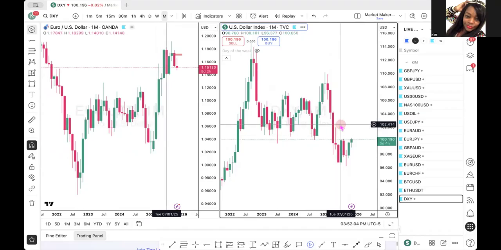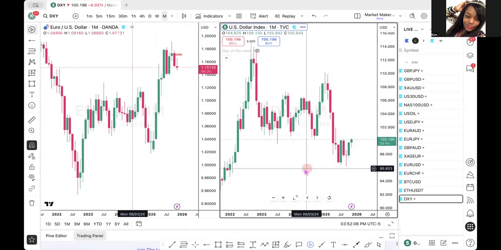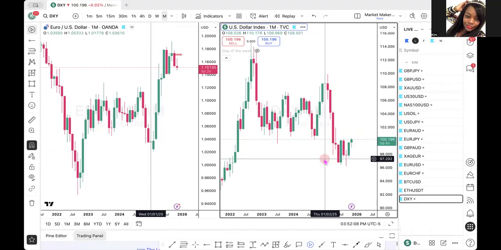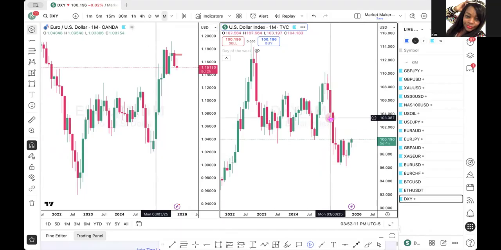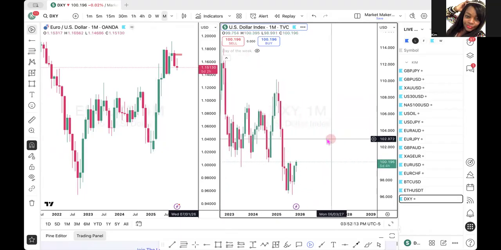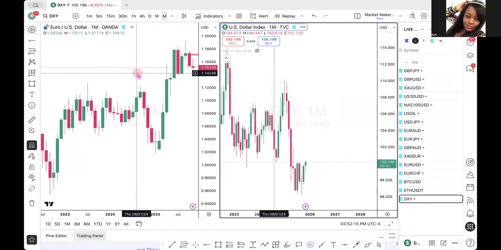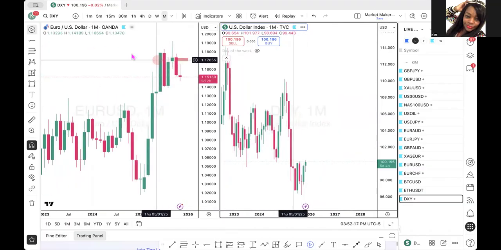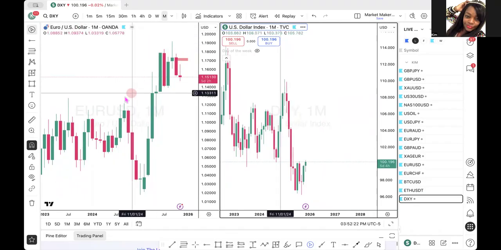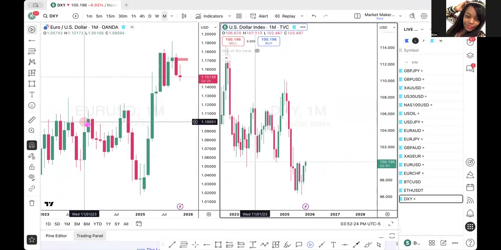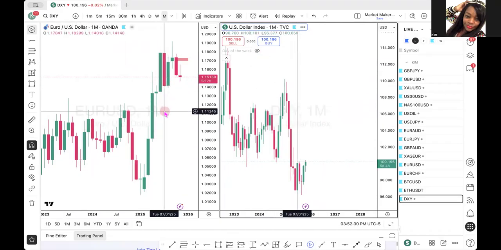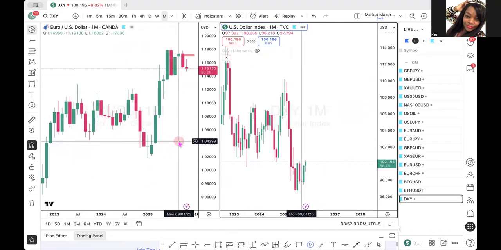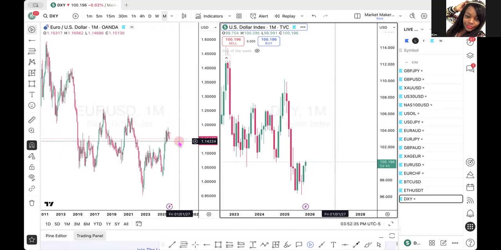So that is the prediction that you make. If this is going down, then if you're trading Euro USD, you should be buying this, because the dollar is the quote, which is the second pair. The euro is the first pair. So if the dollar is going down, you want to buy Euro USD. And that's how we look at that.